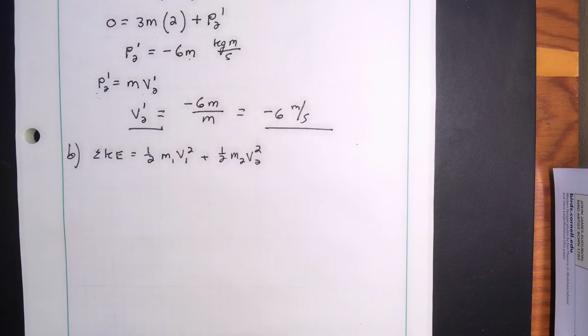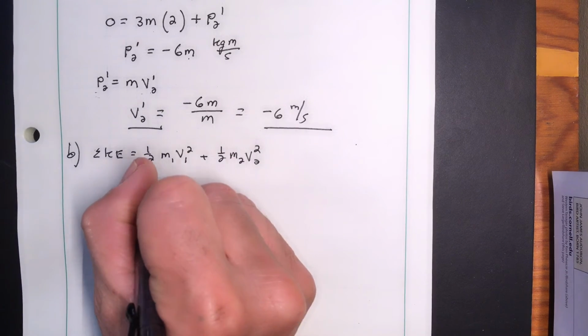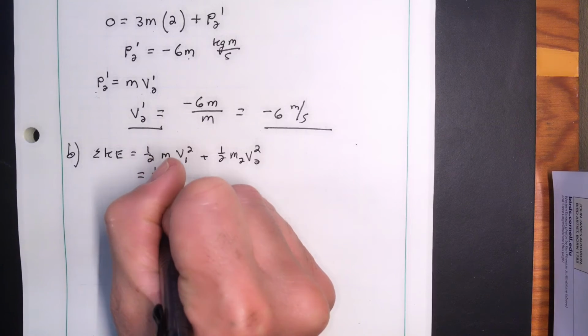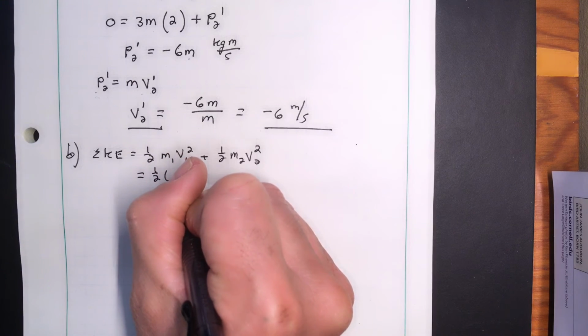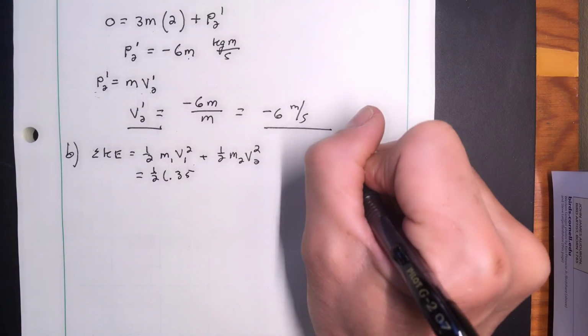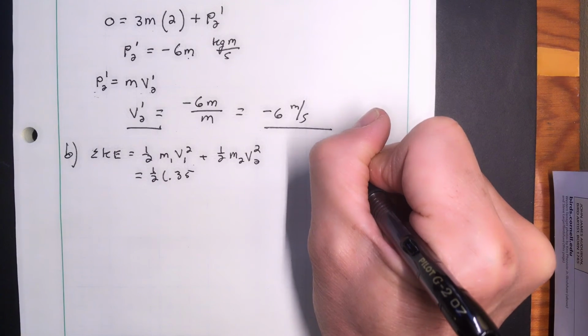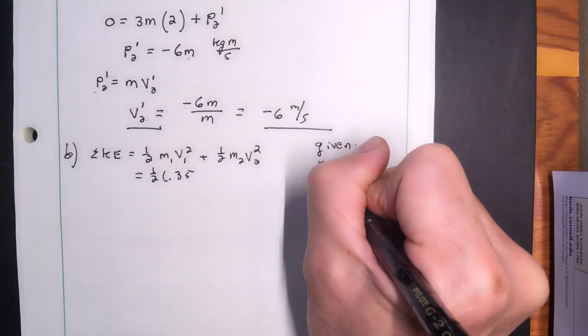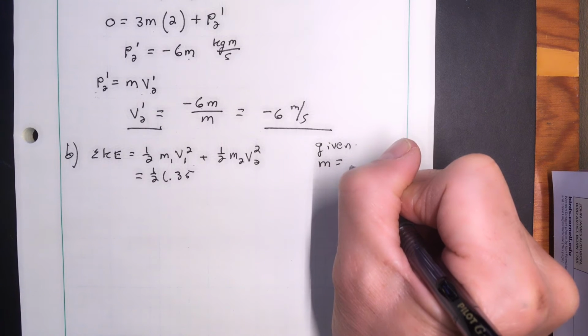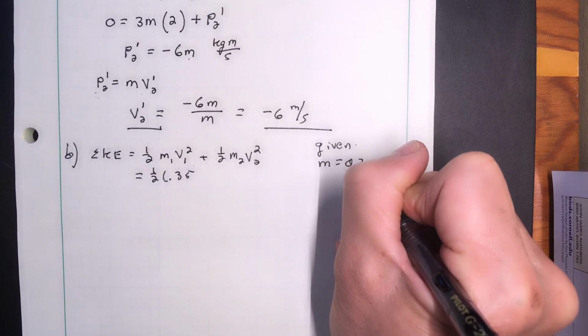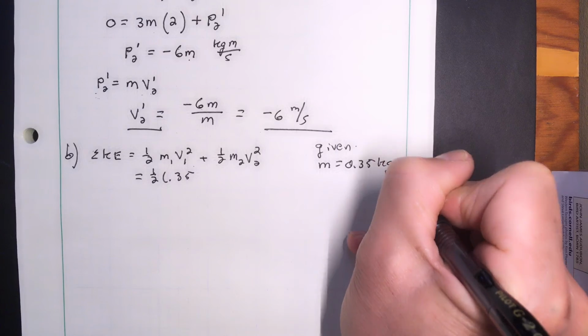All right, so this is plugging in our numbers from up here, 1/2 times 0.35, and we're given that the variable m equals 0.35 kilograms.